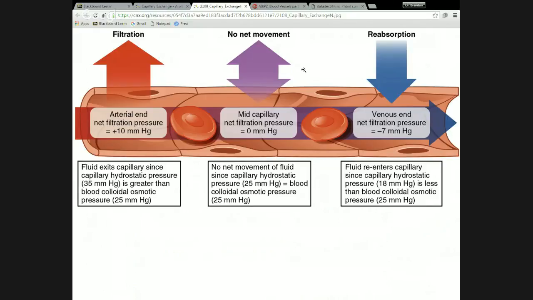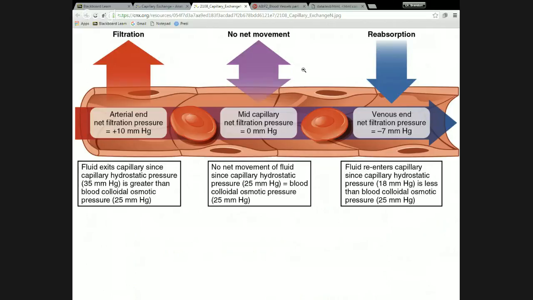Now, on the arterial side, you have a process that we call filtration happening, which means that things inside the blood are filtered out across the capillary wall into the interstitial fluid, which means that nutrient molecules, oxygen, all those things are going to come out during filtration.